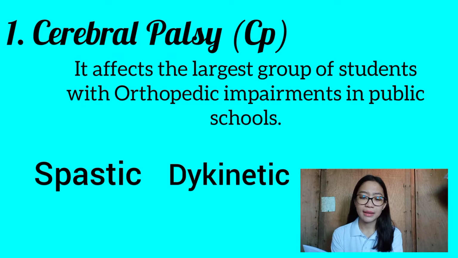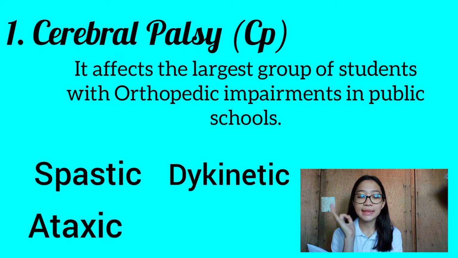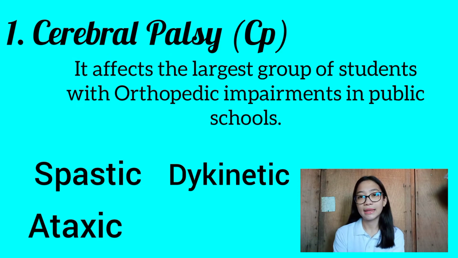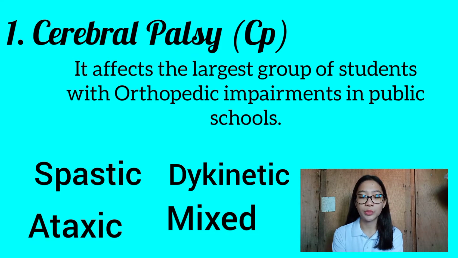So it affects the entire body movement of an individual, and slow and uncontrollable body movements normally occur. The next is the ataxic. It involves poor coordination, balance, and perception. And the fourth is the mixed. It involves a combination of symptoms from the three types above.